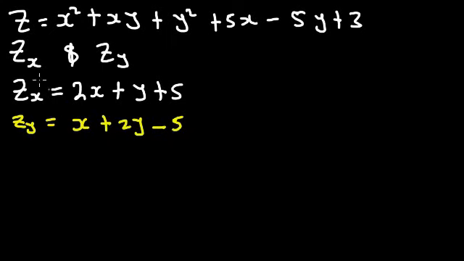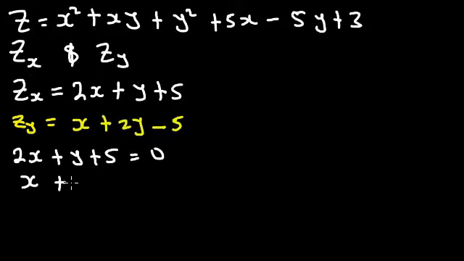Now since we are required to set z sub x and z sub y to 0, we should end up with 2x plus y plus 5 equals 0, and x plus 2y minus 5 equals 0. So right now, we basically need to solve these two equations simultaneously.